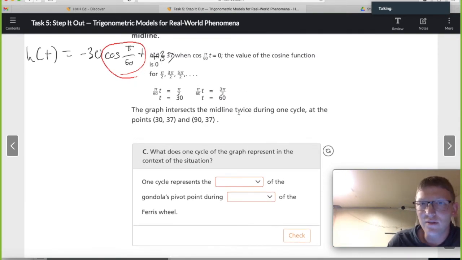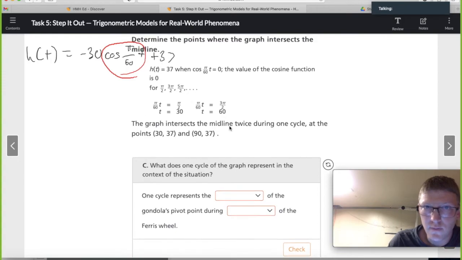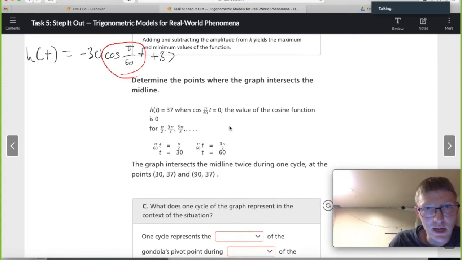So the graph intersects the midline twice during one cycle at the points 30, 37, and 90, 37. 90? I thought they got 60. That might be a typo.